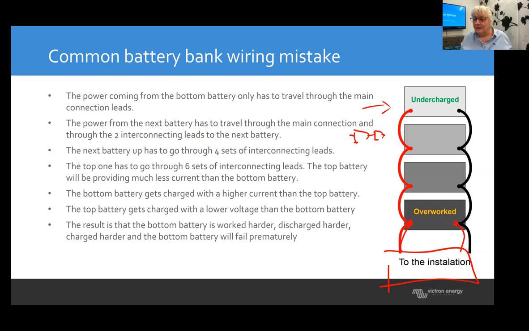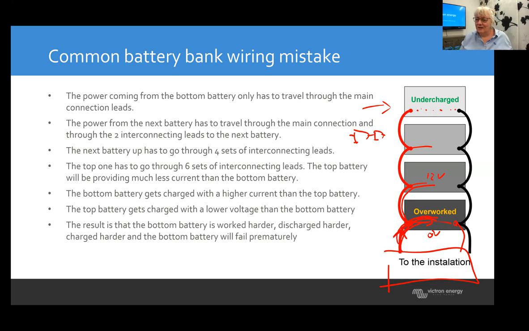The problem with that is that the current wants to find the road of least resistance. So current comes down the line, sees a battery, wants to go straight in there because this is low potential, 0 volt, while this one is 12 volt, let's say. A little bit of current will go here, less current here, and hardly any current there.